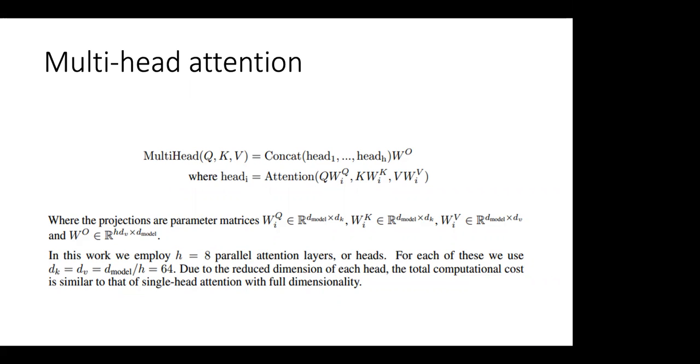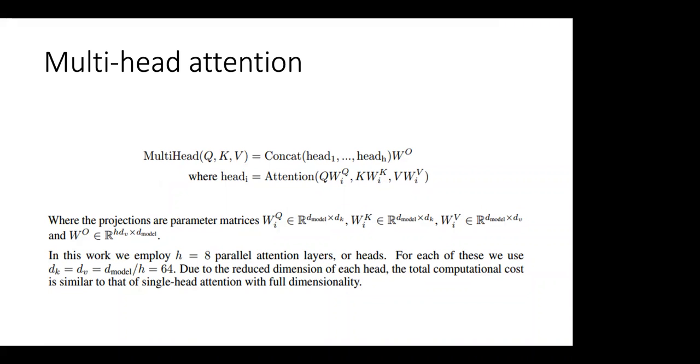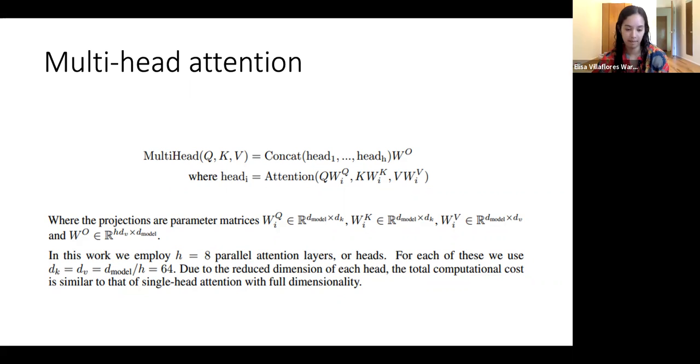Okay, and so we take the attention function, which is head sub i, and then concatenate it 8 times. Yes, we basically just put all of the outputs together. Okay, and then W sub O is h times d_v, because there are h heads, by d_model. Yes, so that brings us back to our input size.